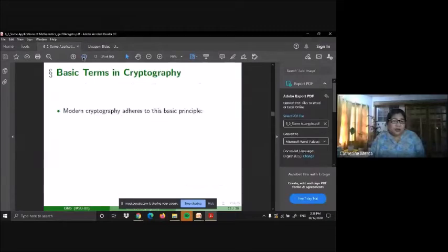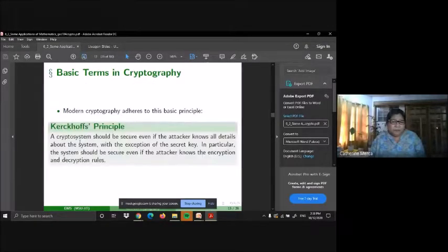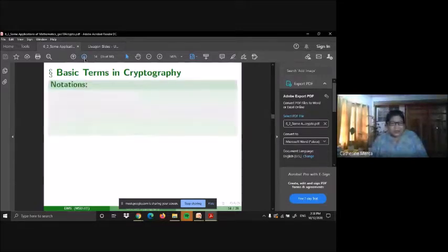Modern cryptography adheres to this basic principle, which is Kirchhoff's principle. A crypto system should be secure even if the attacker knows all details about the system, with the exception of the secret key. In particular, the system should be secure even if the attacker knows the encryption and decryption rules. So with that in mind, that is Kirchhoff's principle, then the cryptography is a success.